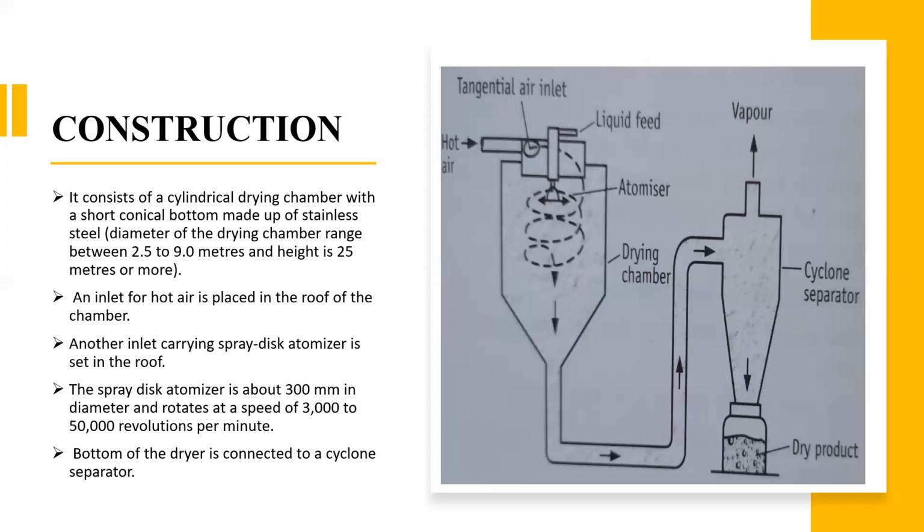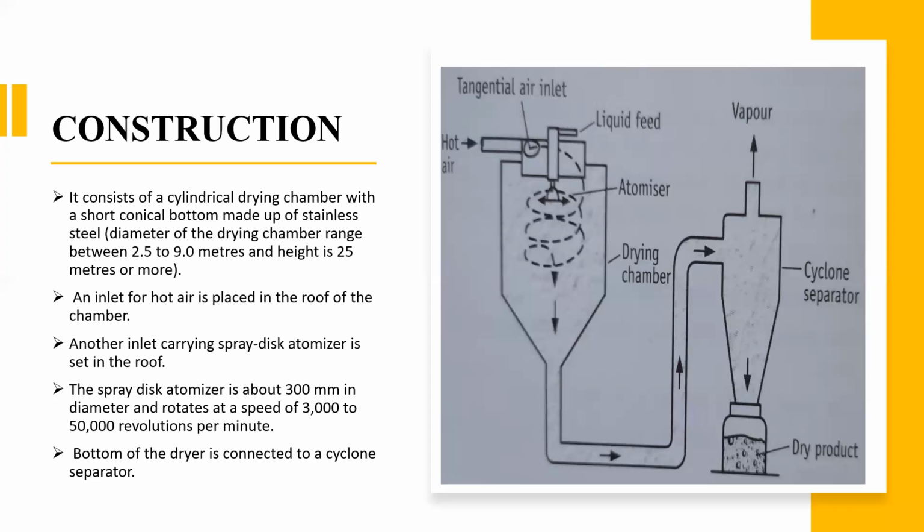Mainly, in this spray dryer, pneumatic atomizer, pressure valve atomizer, and spinning disc atomizer may be used. So for the formation of this fine droplet, three different atomizers are used: first, pneumatic atomizer, second, pressure valve, and last, the spinning disc atomizer or spray disc atomizer.